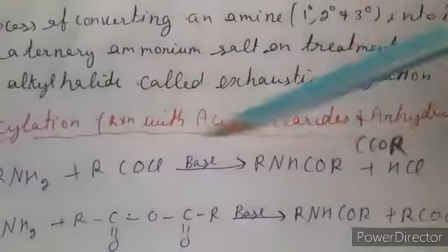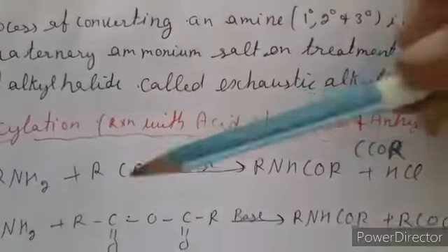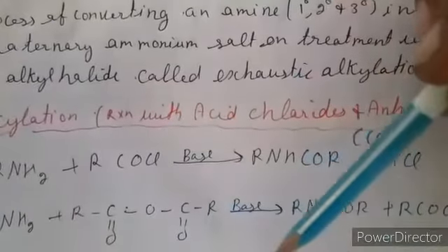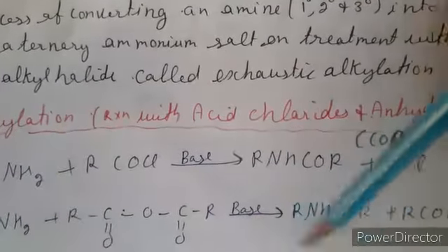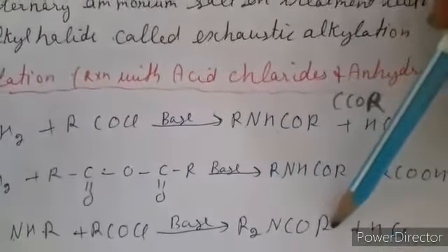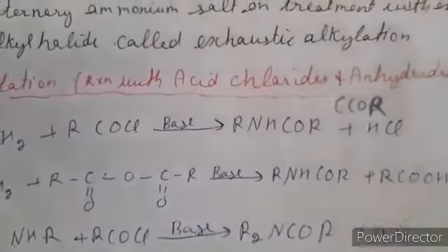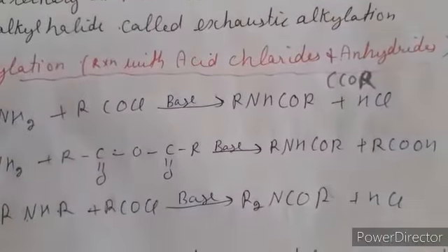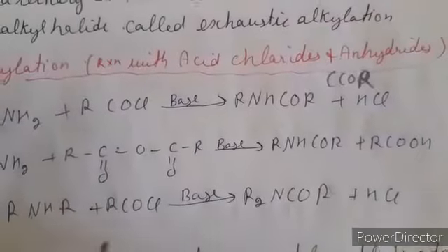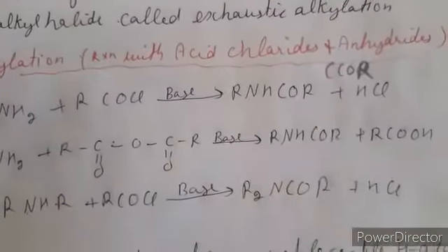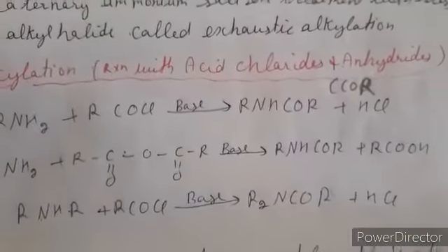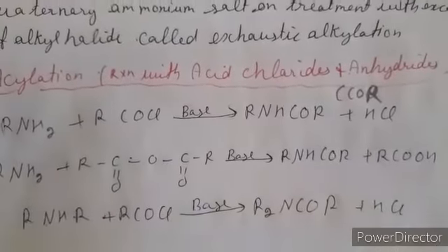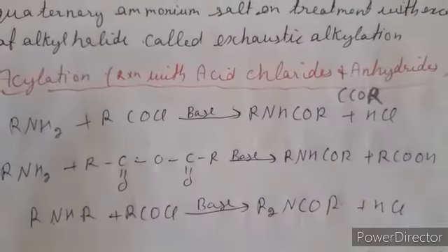Secondary amine reacts with acid chloride to form a substituted product. But tertiary amine does not react, because there is no replaceable hydrogen atom on a tertiary amine. That's why it does not have a tendency to react with the acyl group.